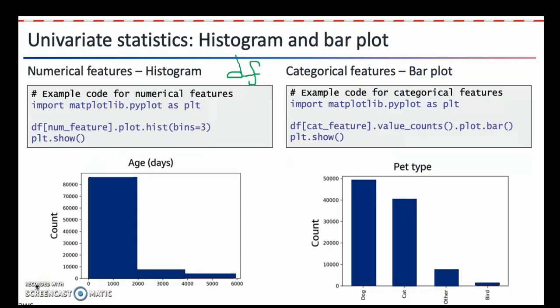So as a reminder, we're assuming that the variable that stores the tabular data is called df, d as in data, f as in frame. So there are two modules in Python, or two libraries in Python, that are useful for exploratory data analysis. And those libraries are called pandas and matplotlib.